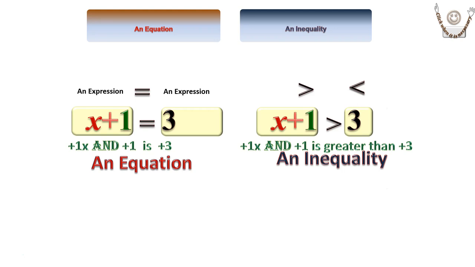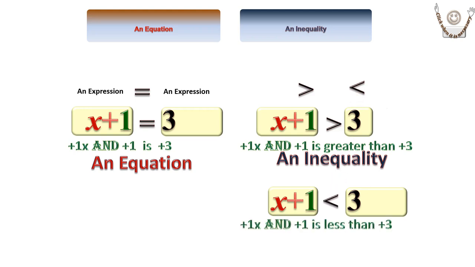Or it can be the opposite situation, where the right side is greater than the left one, and we can read this as positive 1x and positive 1 is less than positive 3. Then we would call this an inequality too.